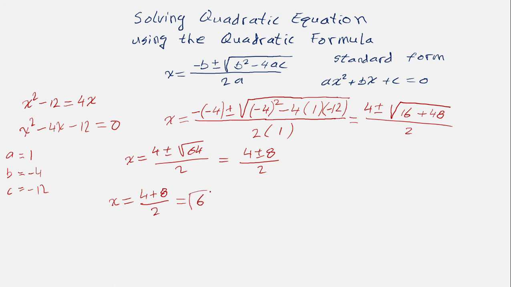So that's one of the answers. And then if we use the negative this time, this is 4 minus 8 divided by 2. So that becomes negative 4 divided by 2, which is negative 2. That's our second answer. So we have two answers.